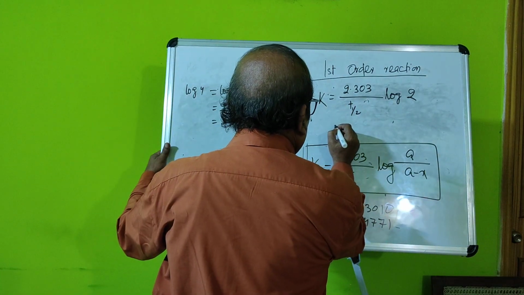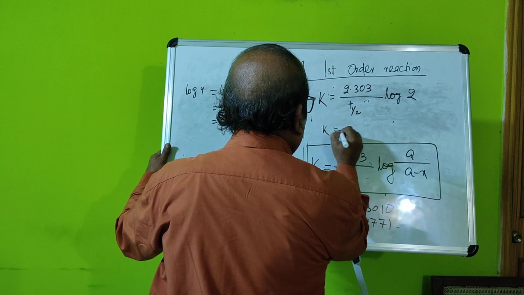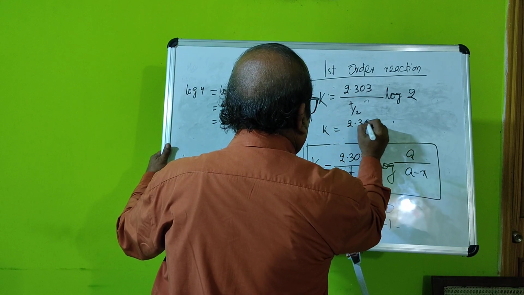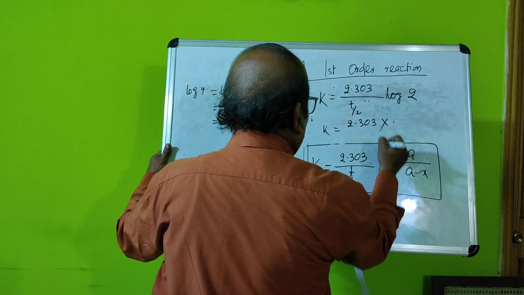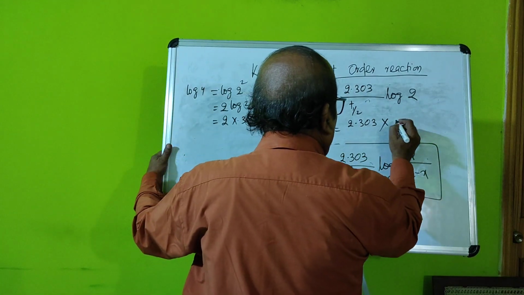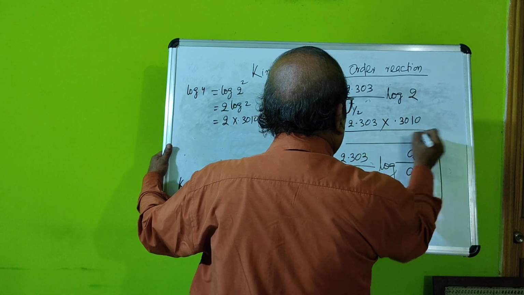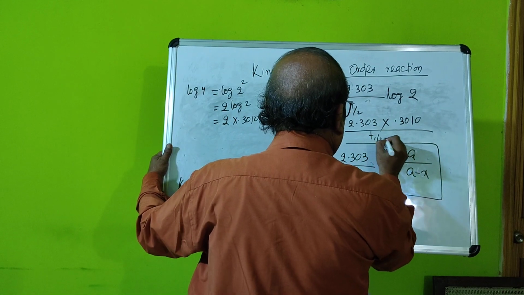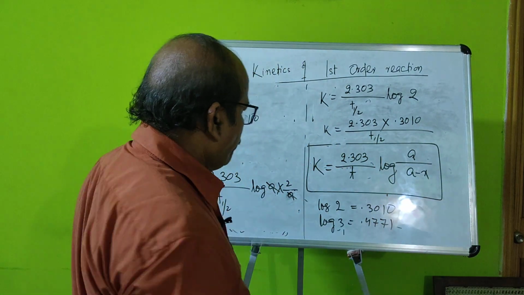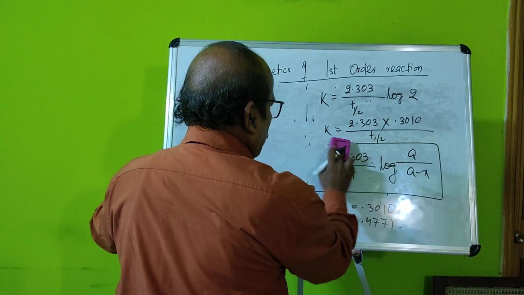So K is equal to 2.303 into, for log 2 the value comes 0.3010 by T half.